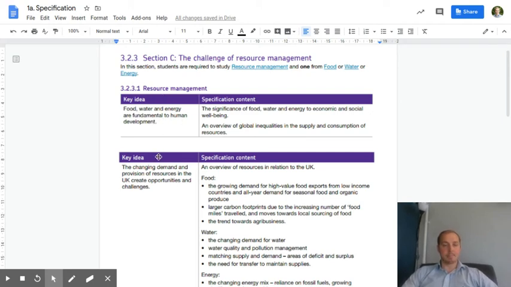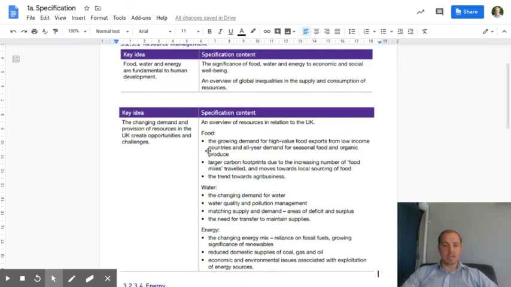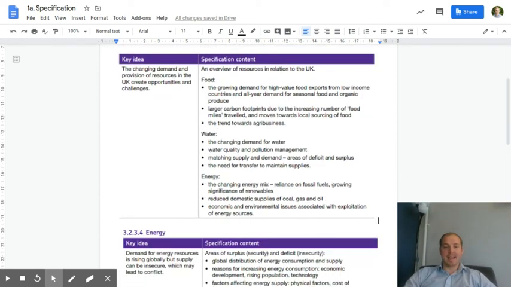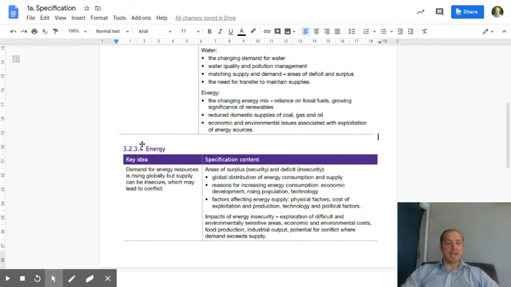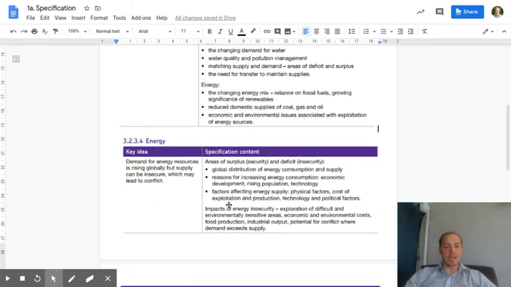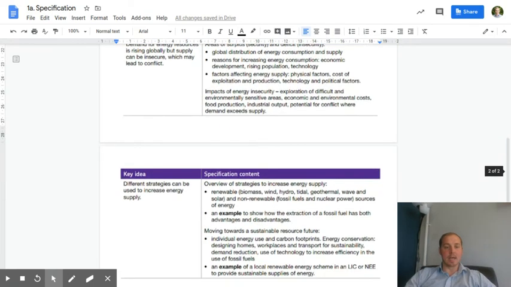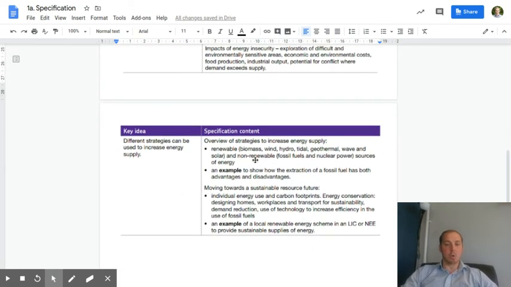The second point of the specification wants us then to focus on the UK. So it brings it really close to home. Again, you can see the 3 things keep coming up: food, water, and energy. But this is a focus on the UK. And then we're going to focus on energy in more detail. Okay, so we're going to look at a lot of stuff to do with energy, including at the end here, how we can make energy more sustainable.